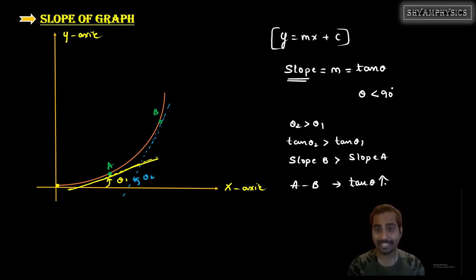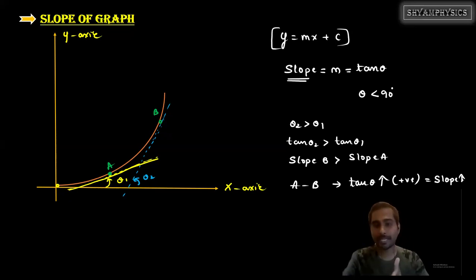Is it increasing positively or negatively? It is positive, because the angle is less than 90 degrees. So tan theta is positive, which means the slope is also positive, and it is increasing from the starting point to the ending point. This is how the nature exists.